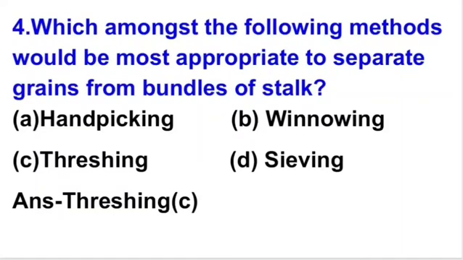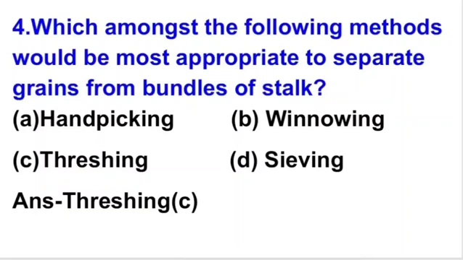Question number 4. Which amongst the following methods would be most appropriate to separate grains from bundles of stalk? Options are hand picking, winnowing, threshing, sieving.